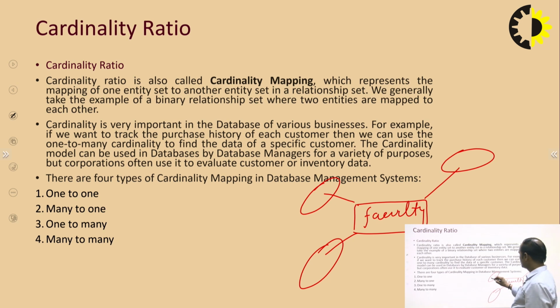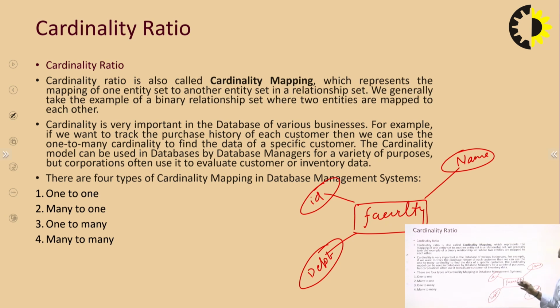Suppose faculty: we can take the ID of the faculty member, faculty name, and here is the department. Here can be subjects. There are many more attributes we can connect over there. This is a simple example of a faculty member.